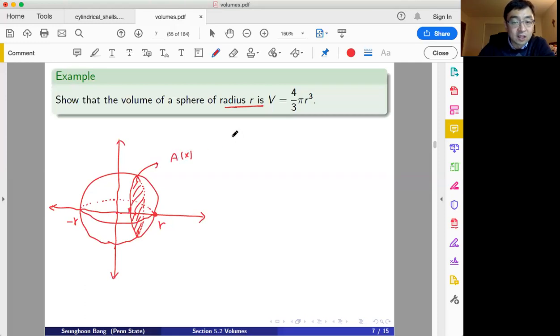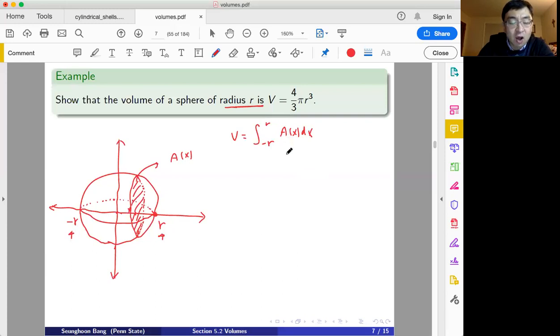The exact volume, you can use the formula: the integral from the starting point negative R to the terminal point R of A(x) dx. This is the idea. So one more thing, what is A(x)?